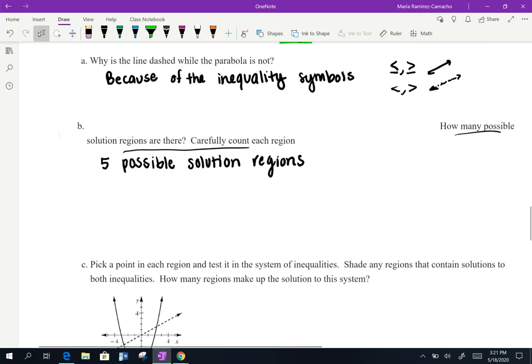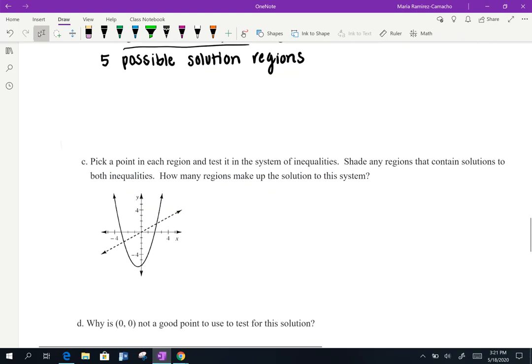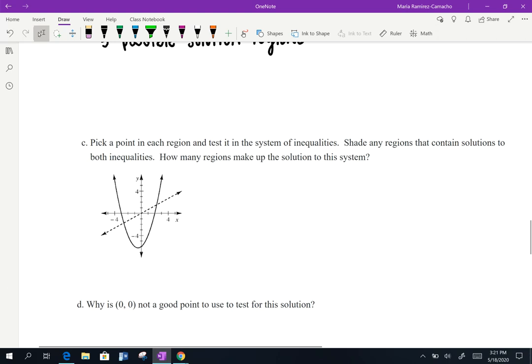Okay, there. All right. Pick a point in each region and test it in the system of inequalities. Shade any regions that contain solutions to both inequalities. How many regions make up the solution to the system? So they want us to test a point in each of the regions, but I'm going to do this a little differently.